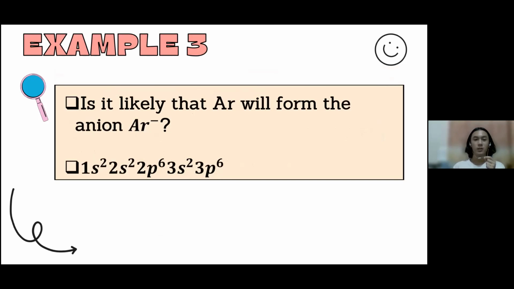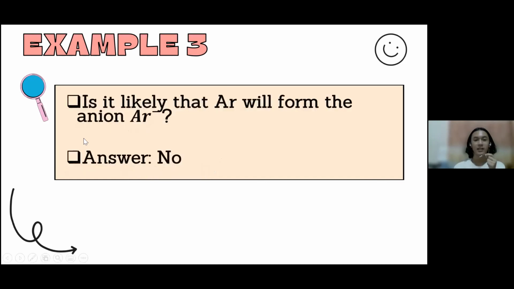Since argon is a noble gas and noble gases are very stable, because they have a stable electronic configuration, as we can see from the fully filled p subshell, which is 3p6, argon will tend to resist any change in its configuration. Therefore, argon is chemically inert, making it unlikely to gain an electron and form an ion. So the answer would be no.